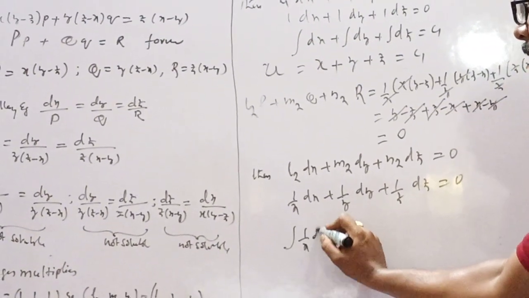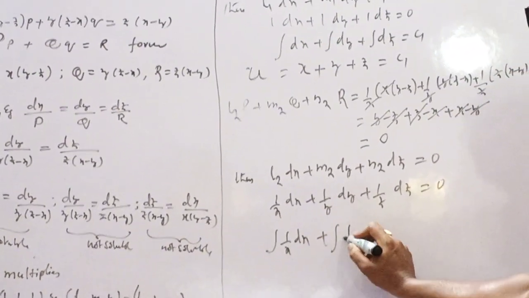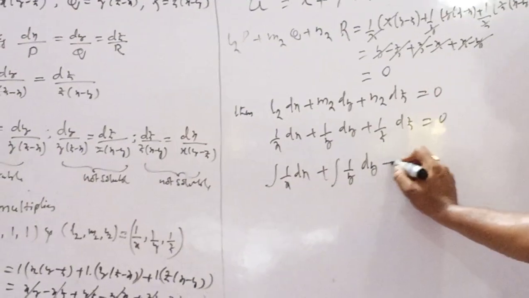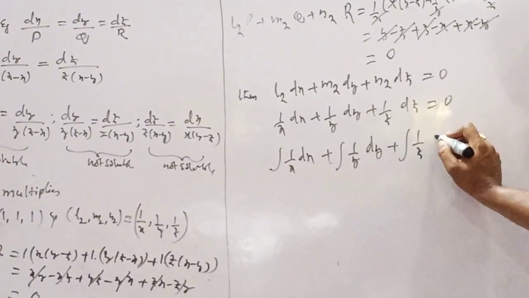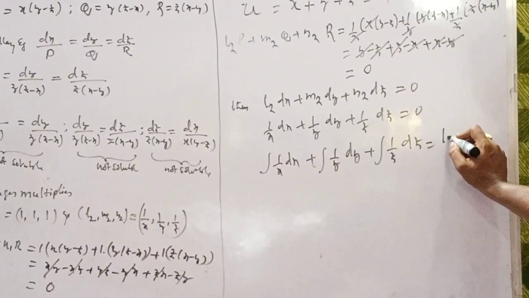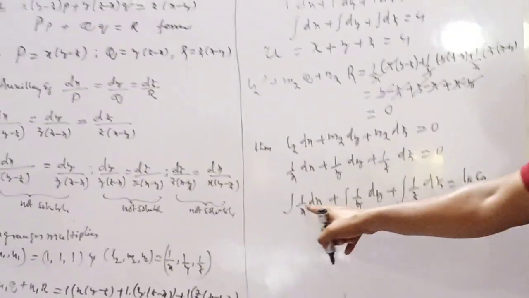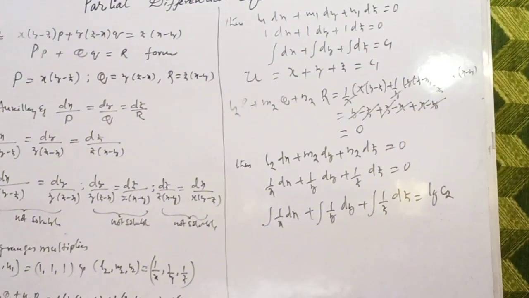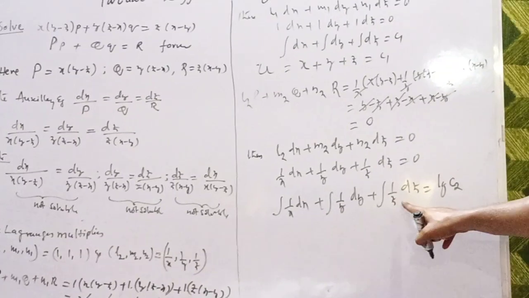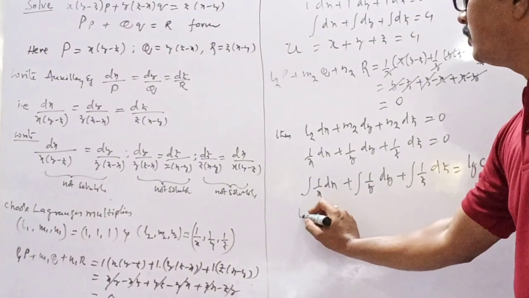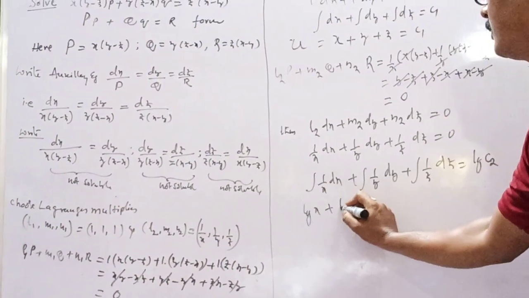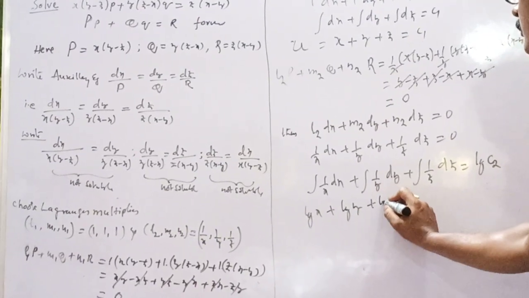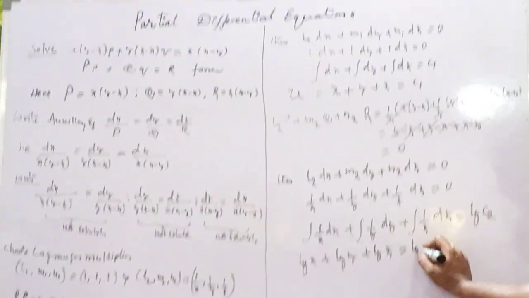Integral 1/x dx, integral 1/y dy, integral 1/z dz equal to log c2, because integral of 1/x is log x, 1/y is log y, and 1/z is log z. So this is log x plus log y plus log z equal to log c2.